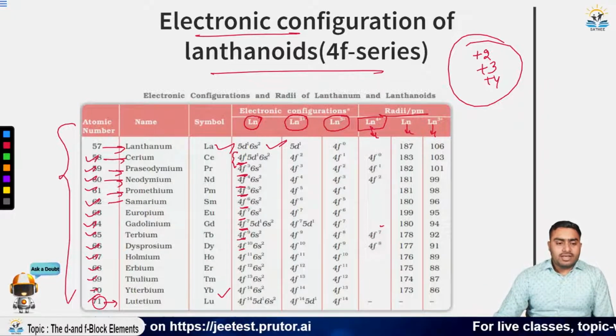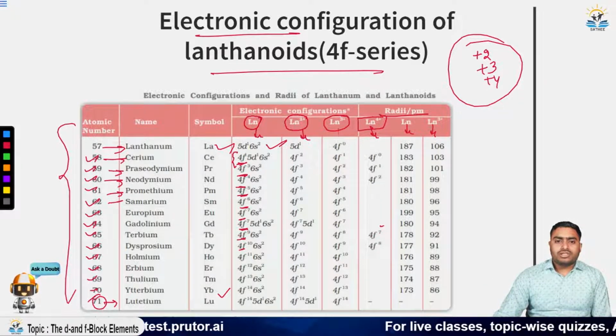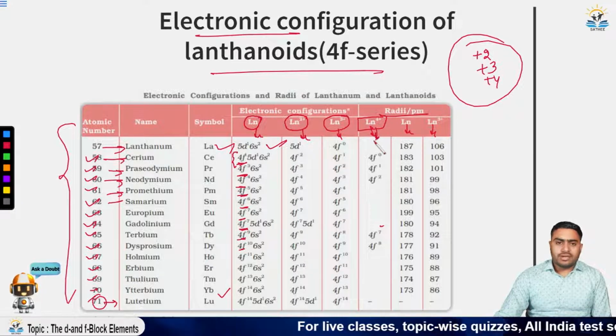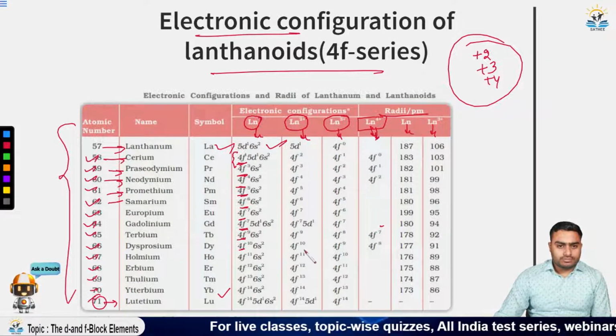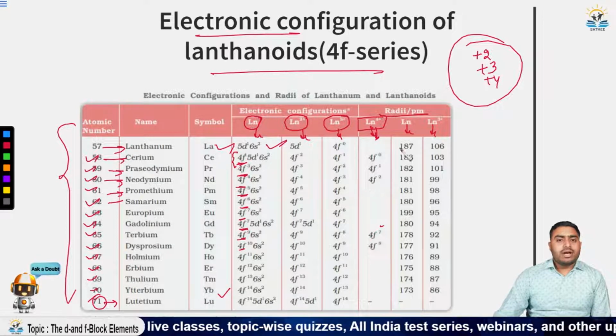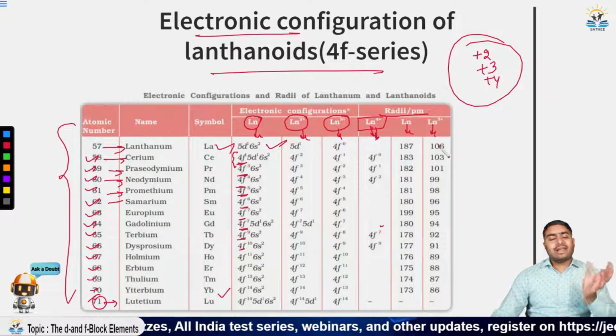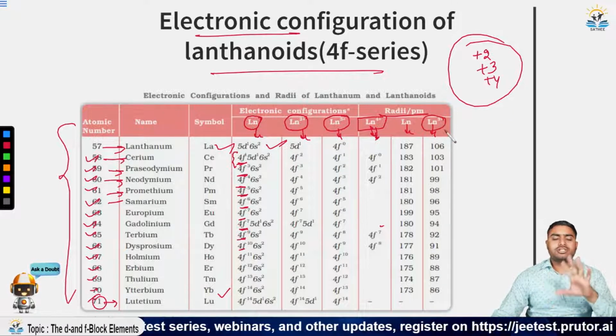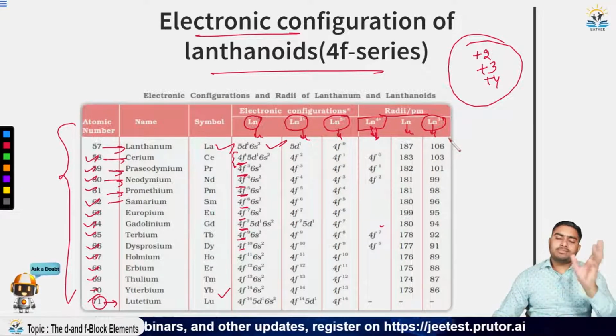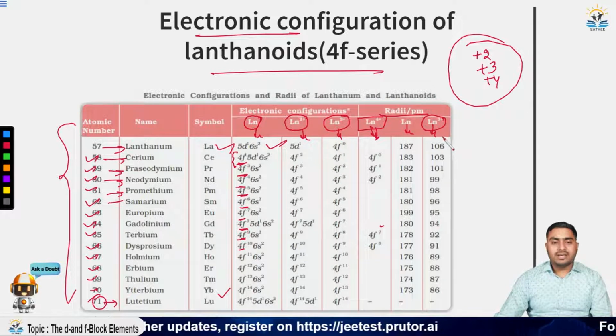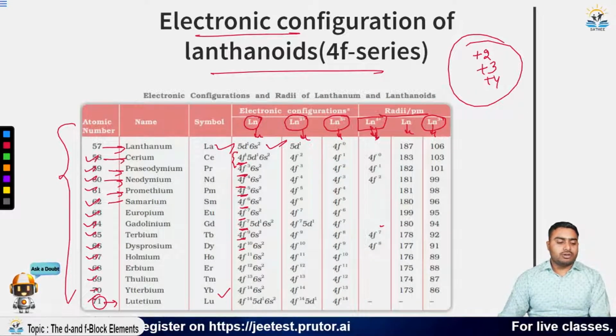You can see Ln2+, Ln3+, Ln4+, and similarly the radii in picometers of Ln and Ln3+. So the common oxidation state of lanthanoids is Ln3+. Sometimes some elements can show +2 and +4 as well. We will be discussing those points.